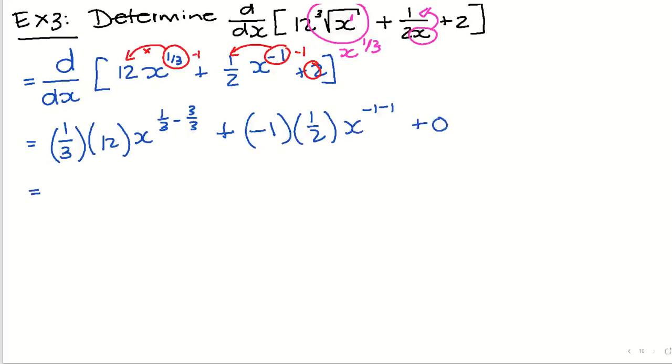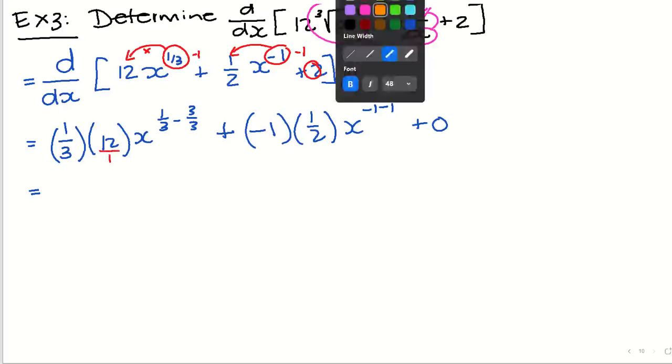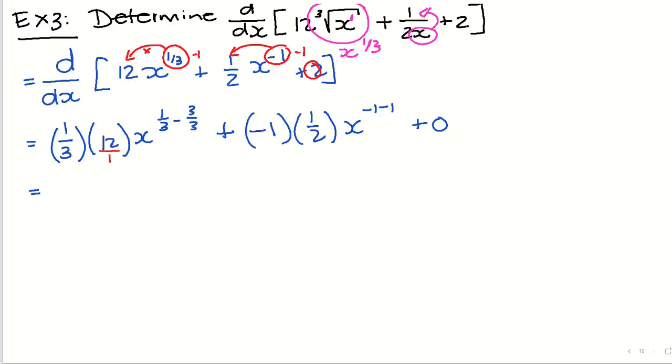Now we can simplify this. We end up knowing that this 12 is also written as 12 over 1. And because of that, we can now simplify. 3 can go into itself once, and it can go into 12 4 times.